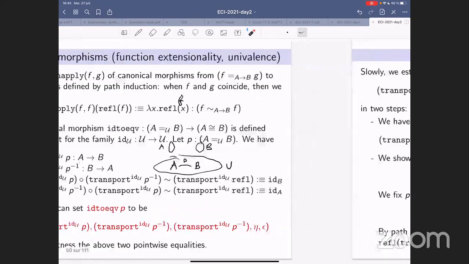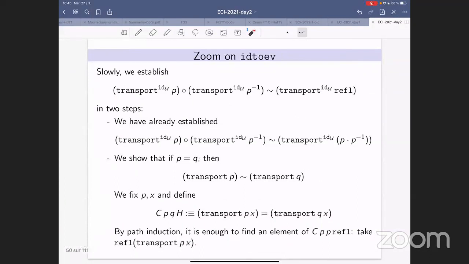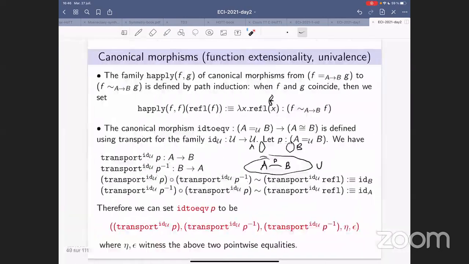And there is a lemma here, which I will not detail, but I have detailed it on the slides. There is also a lemma that says that if I know how to prove that two paths are equal, then I have a proof that transporting along P is homotopic to transporting along Q. So if you believe this lemma, then it is safe to do this step.